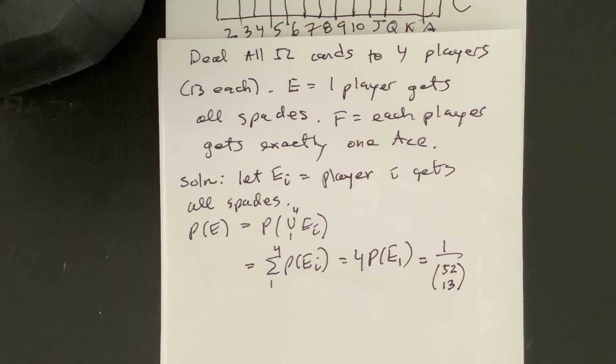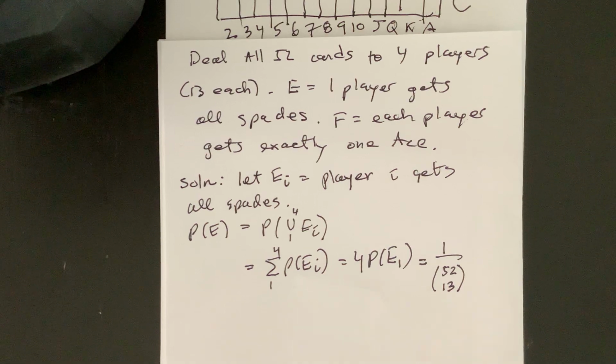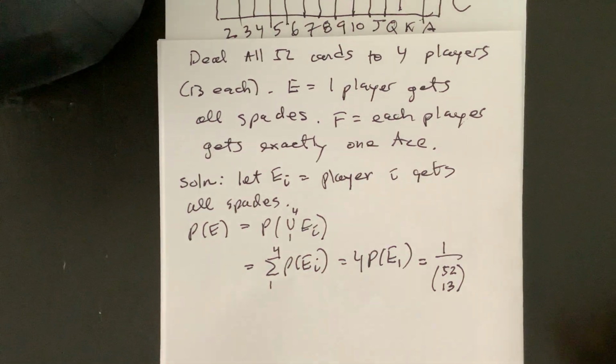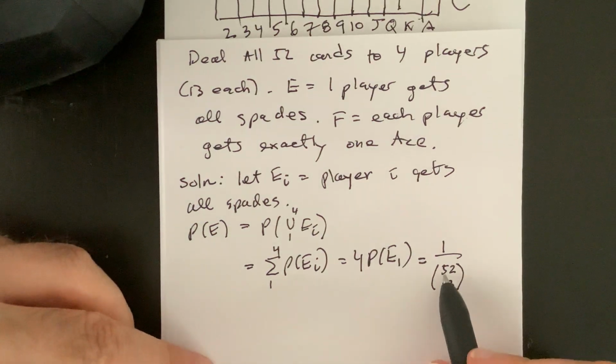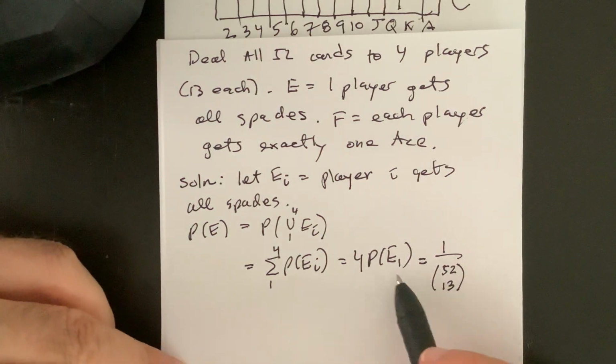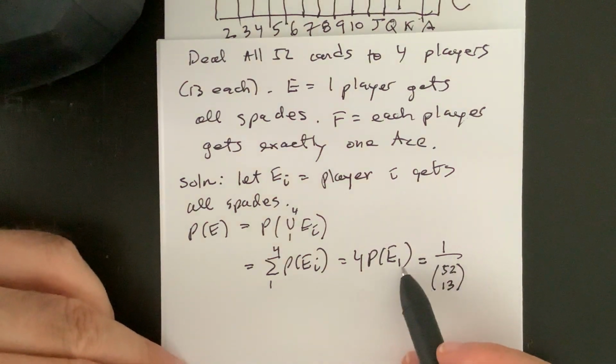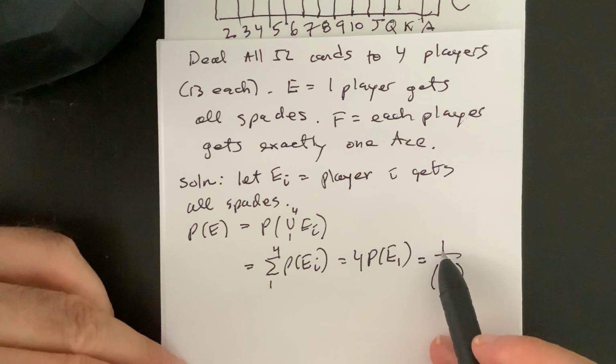Because, let's see, does that make sense? Yes. If I look at S in this case, S is the sample space of hands that player 1 could get, and E1 is the event gets all spades.